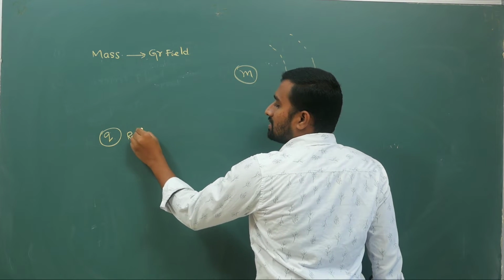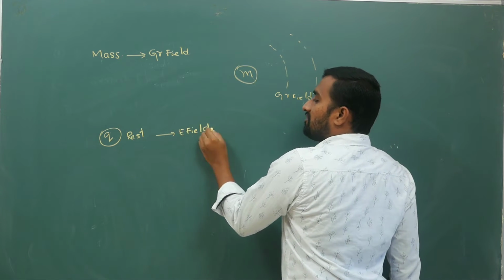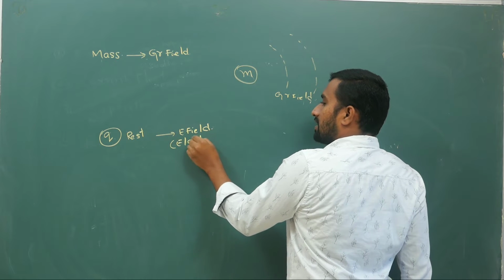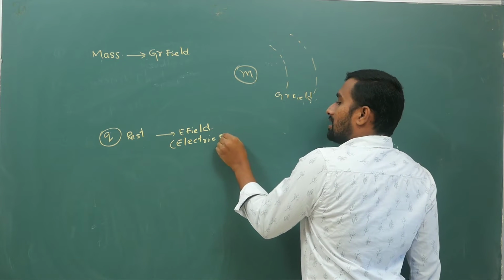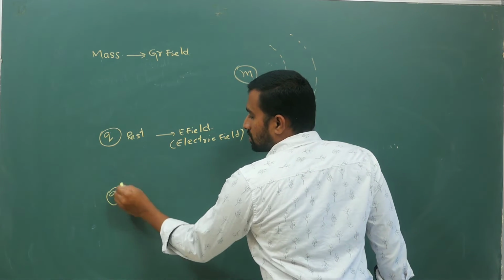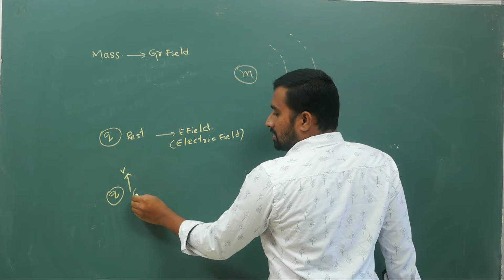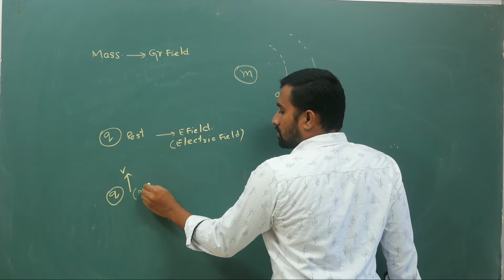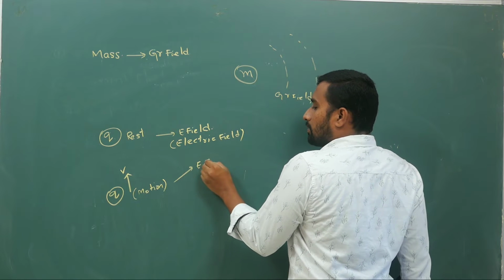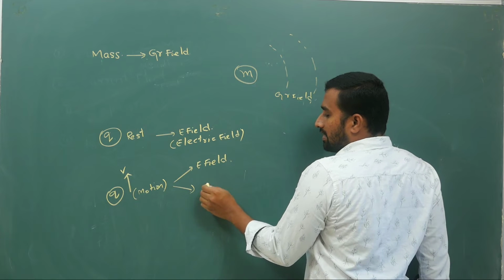If the charge is at rest, it will produce an electric field. E field means electric field. If there is charge, there is an electric field. Now when this charge moves with some speed v like this, this is charge in motion. In such a case, a moving charge will produce a magnetic field.